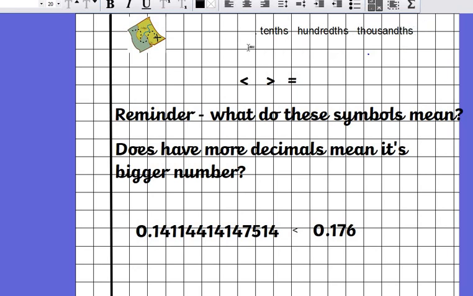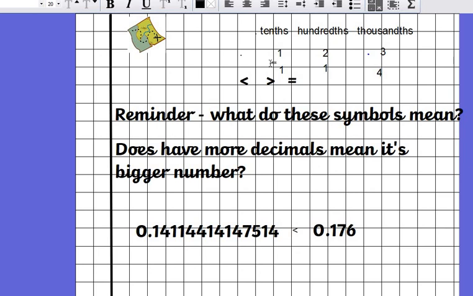Then you could put the two numbers there. So I could say, right, for example, point. That's got 1 tenth, that's got 2 hundredths, that's got 3 thousandths. Super. And here I've got, oh, that's got 1 tenth as well. That's right. That's got 1 hundredth, and that's got 4 thousandths.